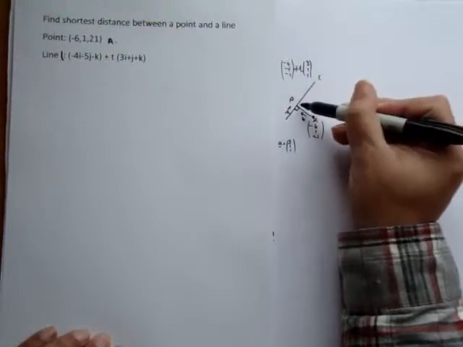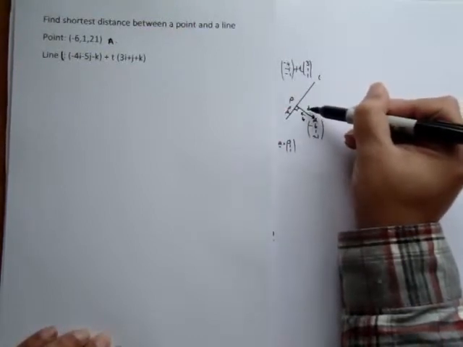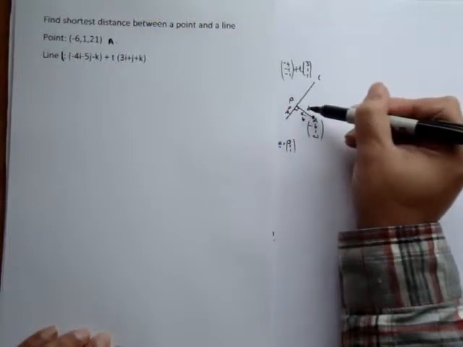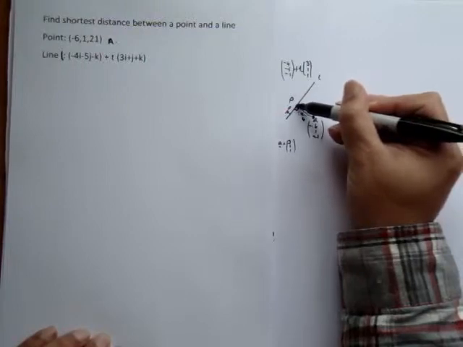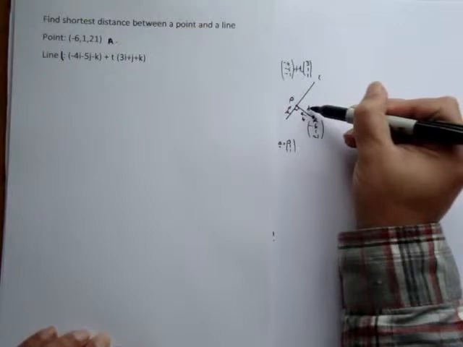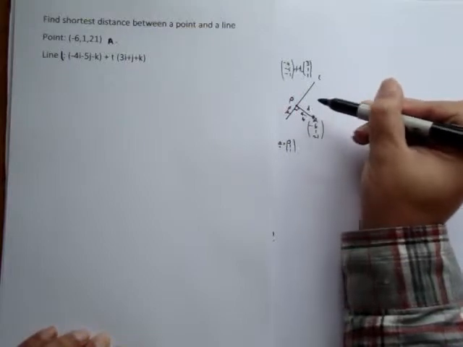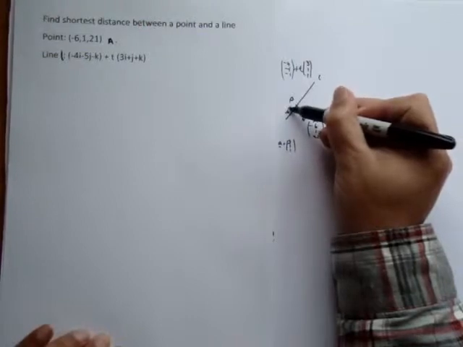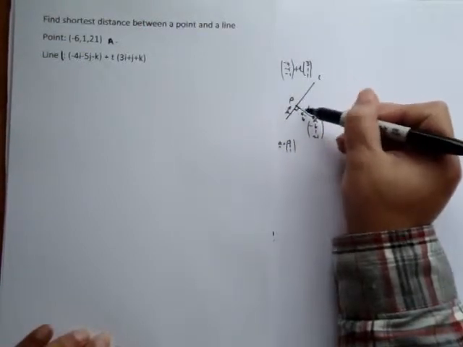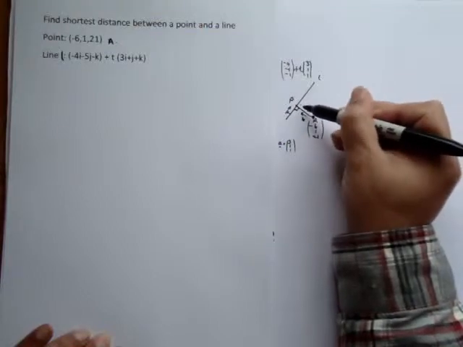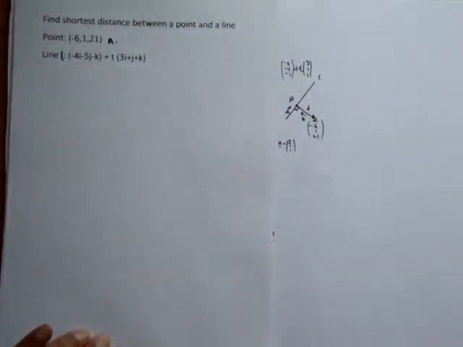What we're after is A to P, the point P being here, perpendicular on the line from the point A, and the distance we're interested in is small d. We've also got a direction vector a parallel to the line, and a direction vector b.